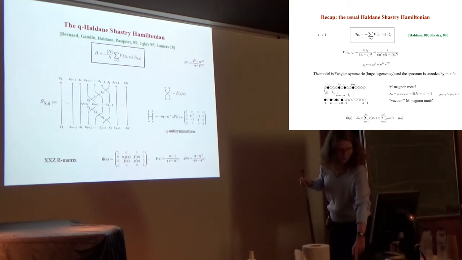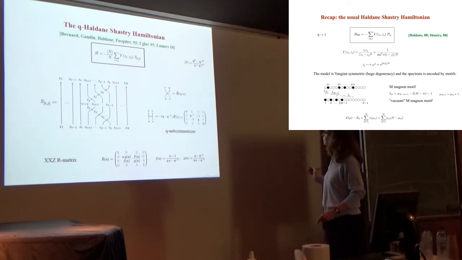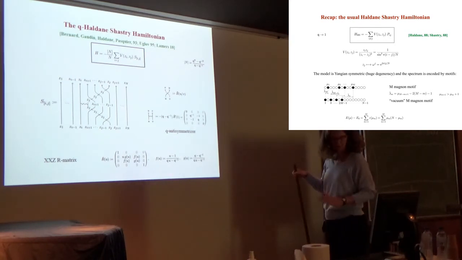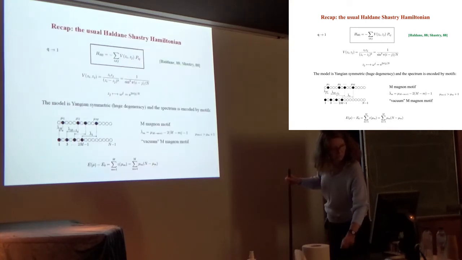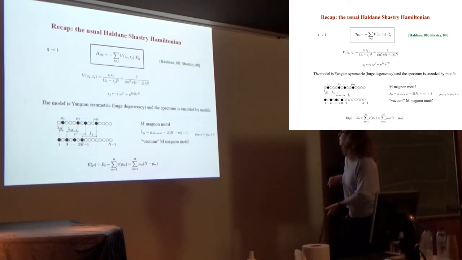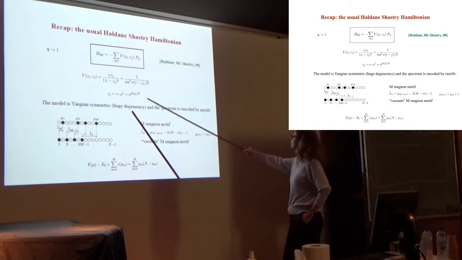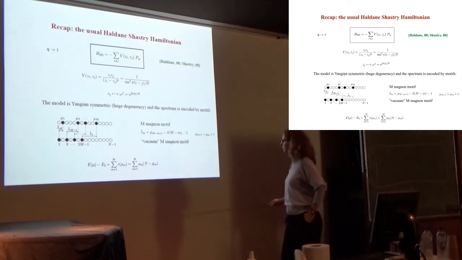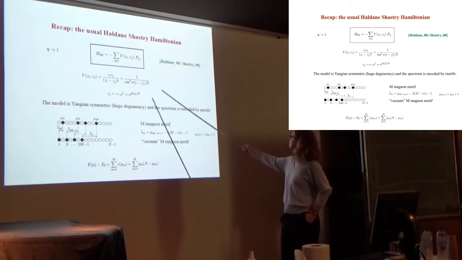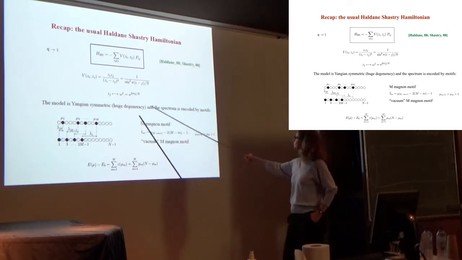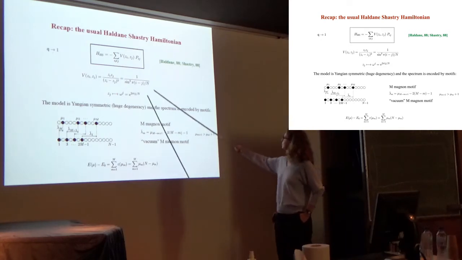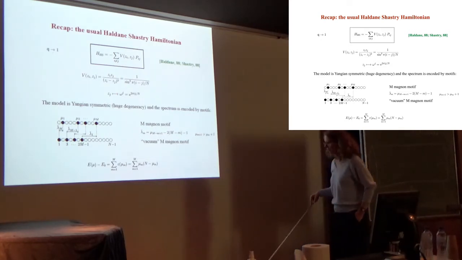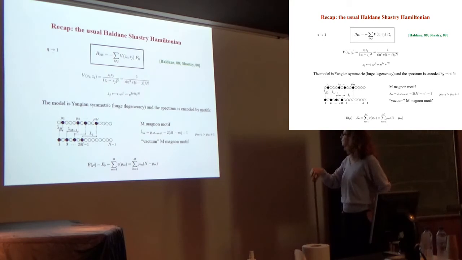In that case, it's just the two-spin interaction, while in the q-deformed case, it involves all the spins between the two sites. And the potential becomes this double pole. If you use the fact that the positions are the roots of unity, the potential is just the sine squared of the distance between spins.